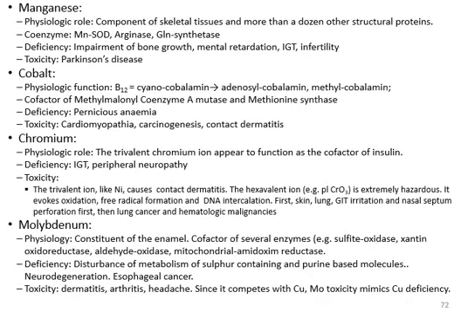From the other trace elements, manganese is one of the most important because it is not only a component of the skeletal tissues but also coenzyme of several enzymes like superoxide dismutases, arginase, and glutamine synthetase.